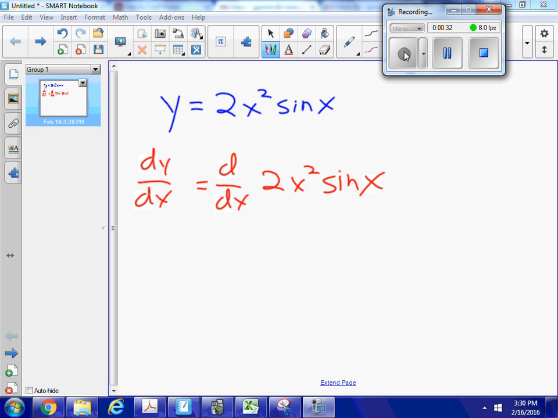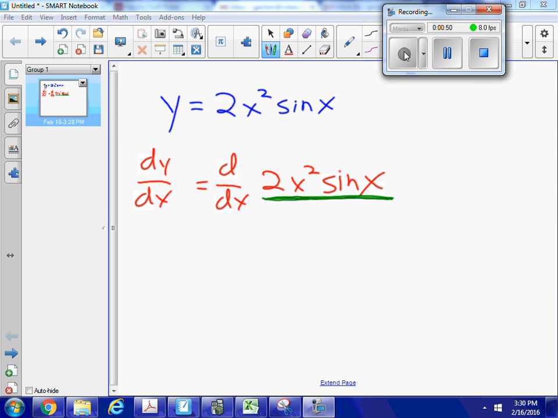I could have written y prime equals, and then figured out the derivative of this. Either way, it doesn't really matter. I'm just using this particular notation right now.